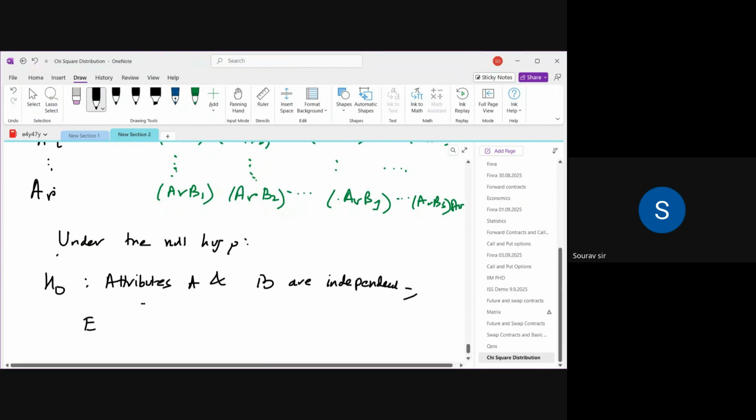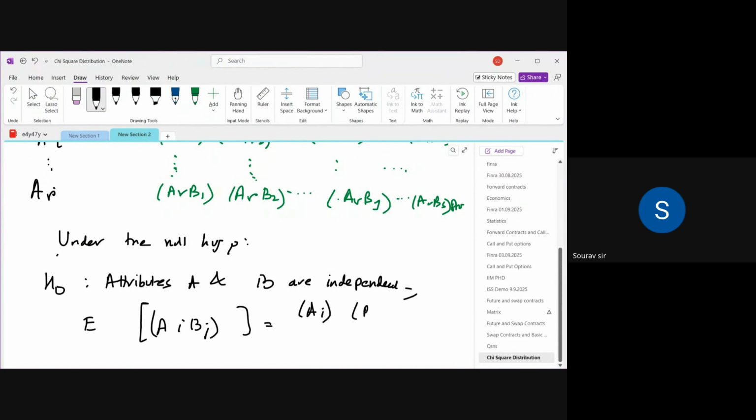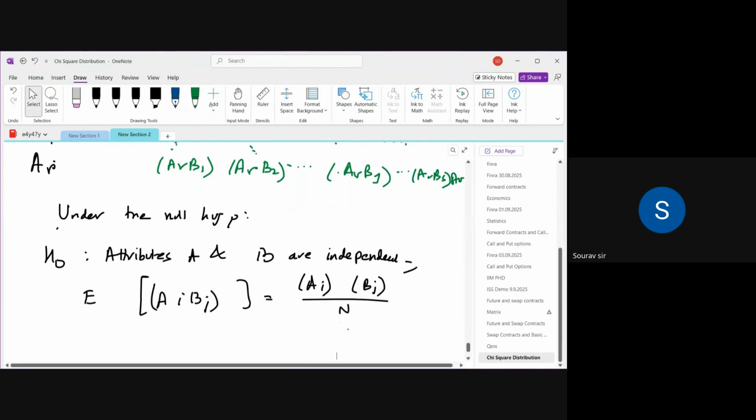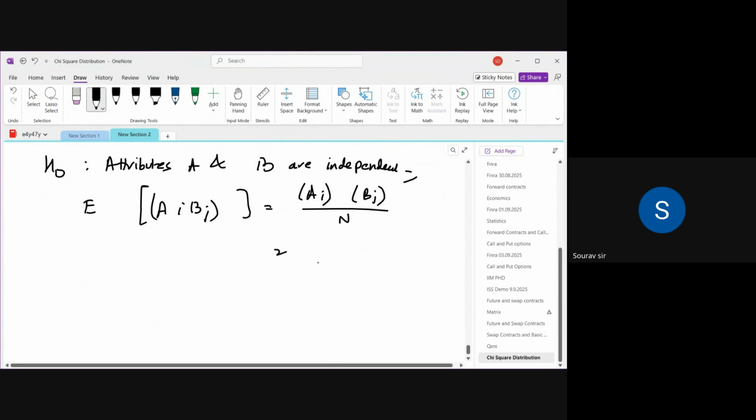So the expectation of AiBj is equal to Ai Bj by N. So that is AiBj.